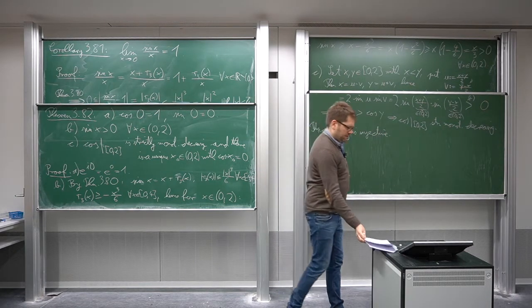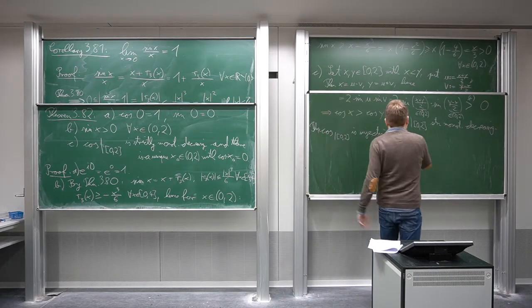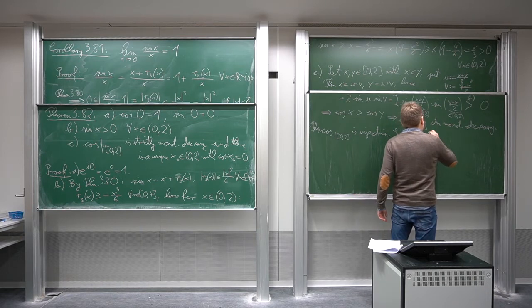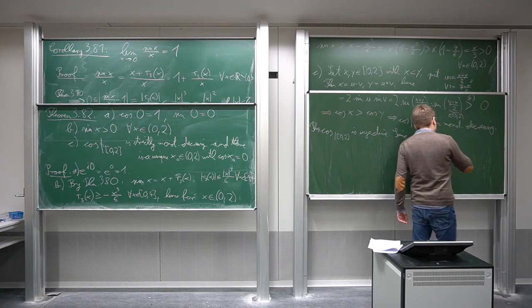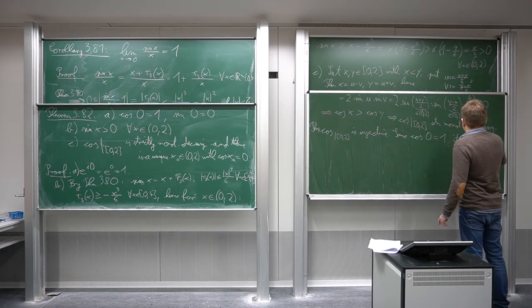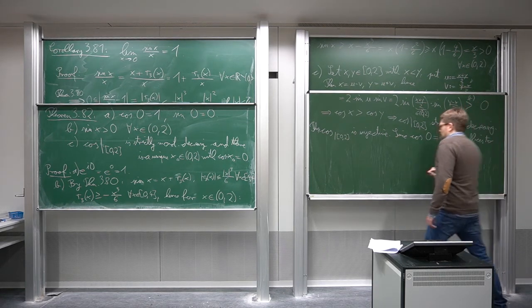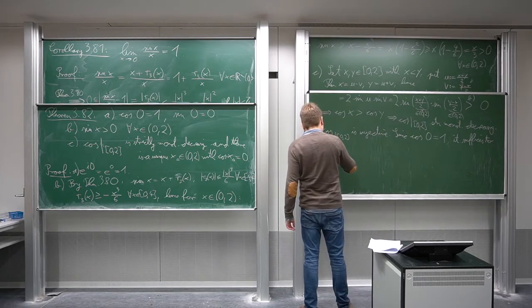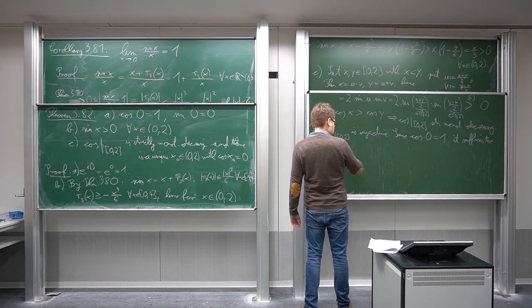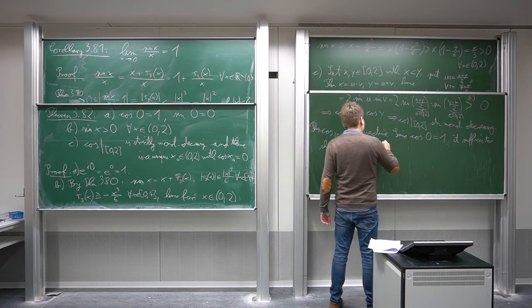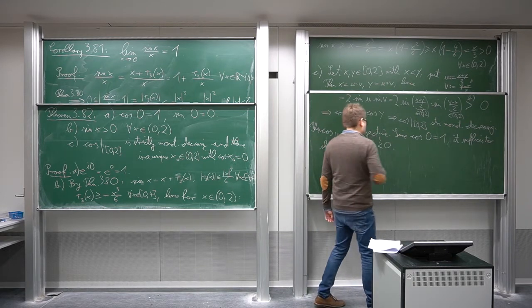And we know that the cosine of 0 is 1. I claim that it suffices to show that the cosine of 2 is negative. Why is this enough?